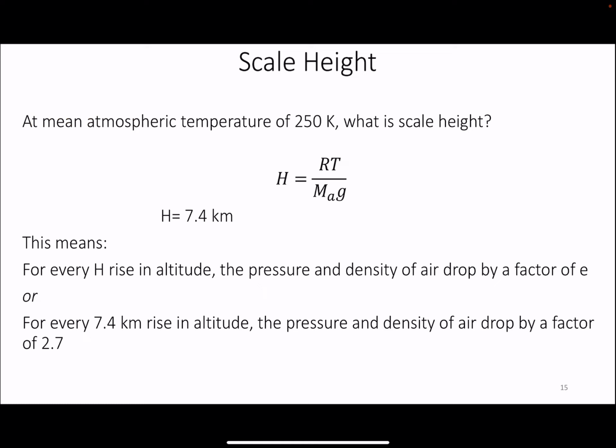So if we assume a mean atmospheric temperature of 250 Kelvin, which if you go back and look at the temperature profile and you look at the range of tropospheric temperatures and you kind of pick the middle, it's about 250 ballpark. So at that ballpark temperature of 250 Kelvin, we can calculate that the scale height of the atmosphere is 7.4 kilometers. So for every 7.4 kilometers rise in altitude, the pressure and density of air drop by a factor of 2.7.